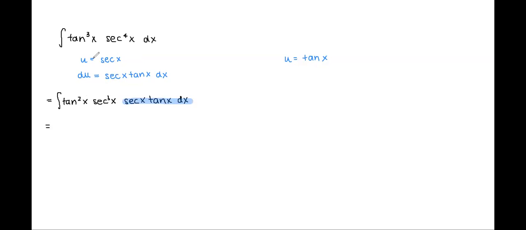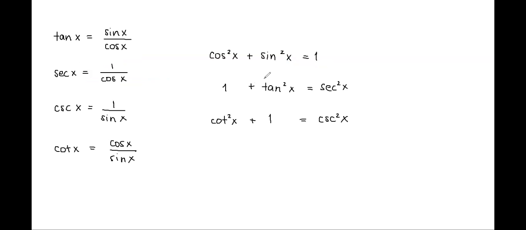Right now I need to write everything in terms of secant, and that means in particular that this term I have here, tangent squared of x, should be written in terms of secant. Lucky for me, if I have an even power of tangent, there is an identity that gives me an expression in terms of secant. Going back to the identities from yesterday, tangent squared of x is equal to secant squared of x minus 1.